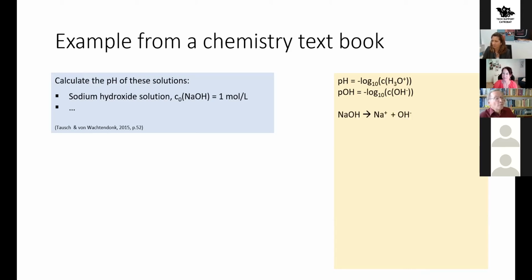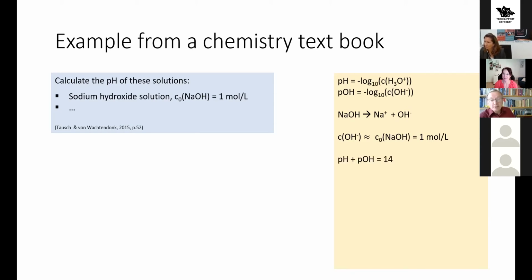Then you know sodium hydroxide dissolves when you put it in water. Sodium ions and hydroxide ions appear, and the concentration of the hydroxide ions is almost the concentration of the sodium hydroxide you put into the water.